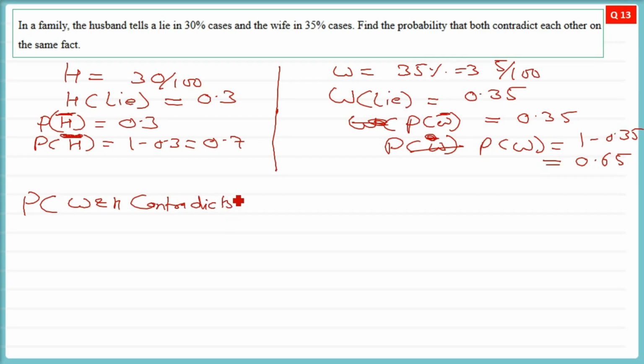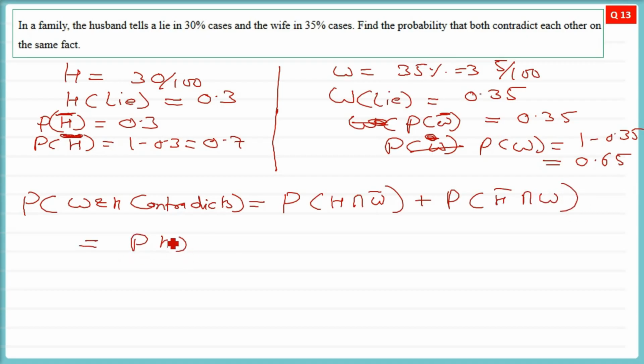Now, the probability that both wife and husband contradict. That means if one says the truth, the other has to speak a lie, and vice versa. So either the husband is saying the truth and the wife is lying, or the husband is lying and the wife is speaking the truth. Since these are independent events, we can write it as P(H) multiplied by P(W bar), plus P(H bar) multiplied by P(W).